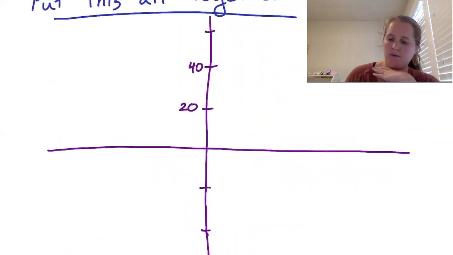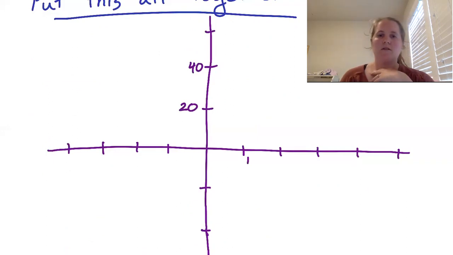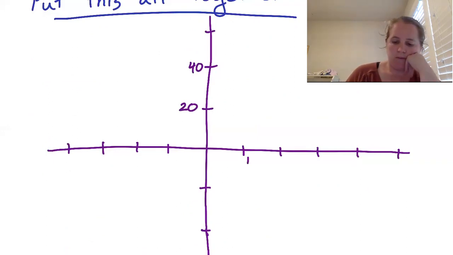And then let's just go by ones on the x-axis. So again, we just figured out that our point of inflection was at 1, negative 17. So this was our point of inflection.